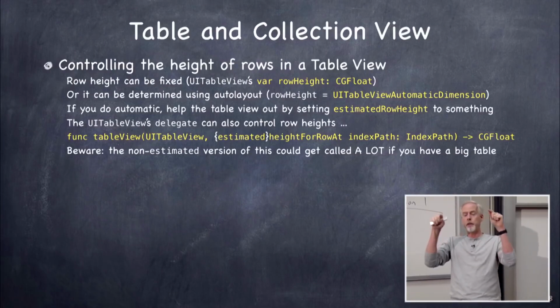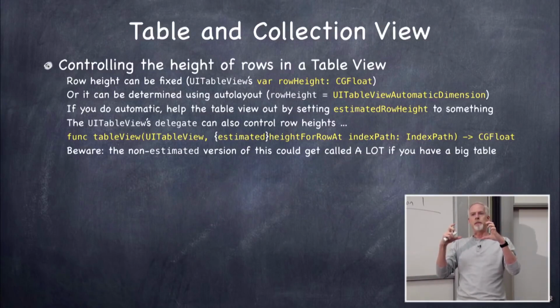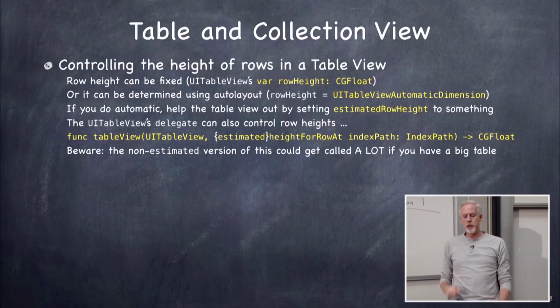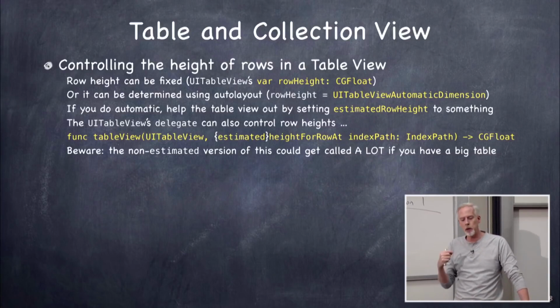Then have the generic view pinned to the edges of the row. If you do that, then table view will be able to come along, auto layout that thing, and it'll know what size it has to be. So to do that, you set the row height, instead of to a number, you set it to UITableView.automaticDimension. That's a special value that lets it know to go do that auto layout thing.